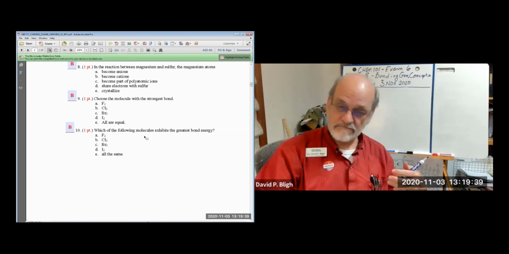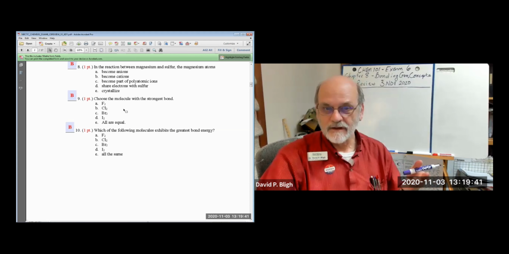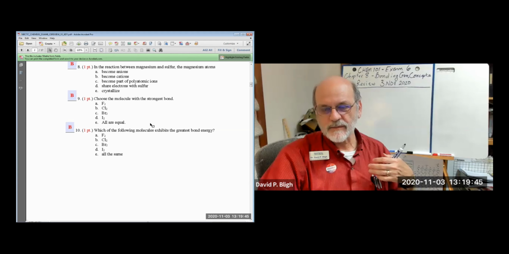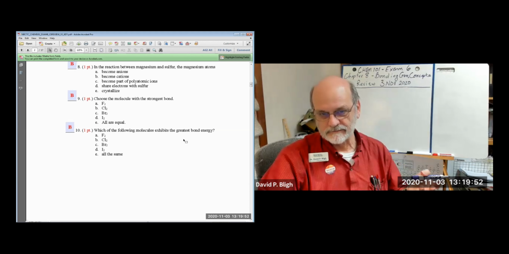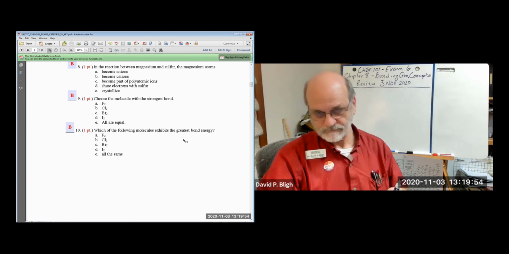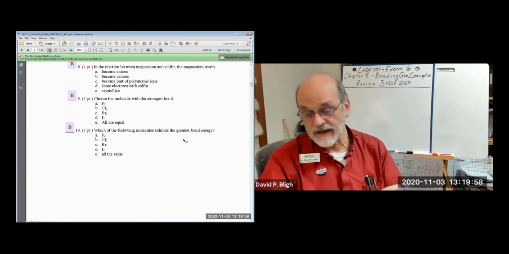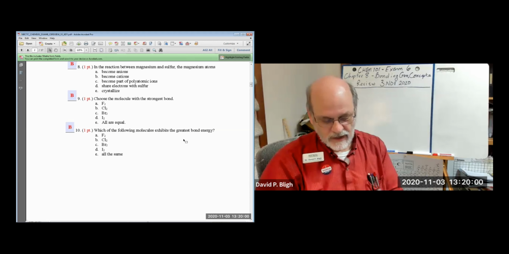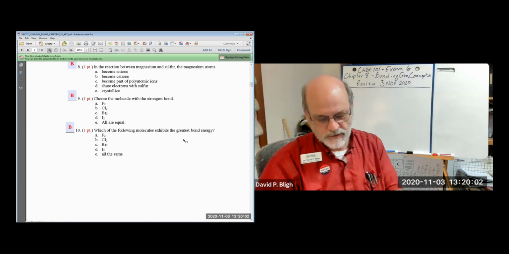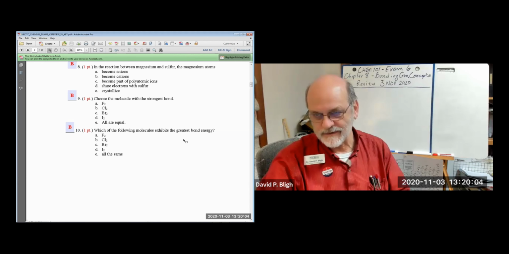Actually, 9 and 10 go hand in hand. When we say which one has the strongest bond, which one exhibits the greatest bond energy, those are 2 ways of saying the same thing. So I think that was the point for putting 9 and 10 in there together, as to help you recognize that with those statements, we're saying the same thing.